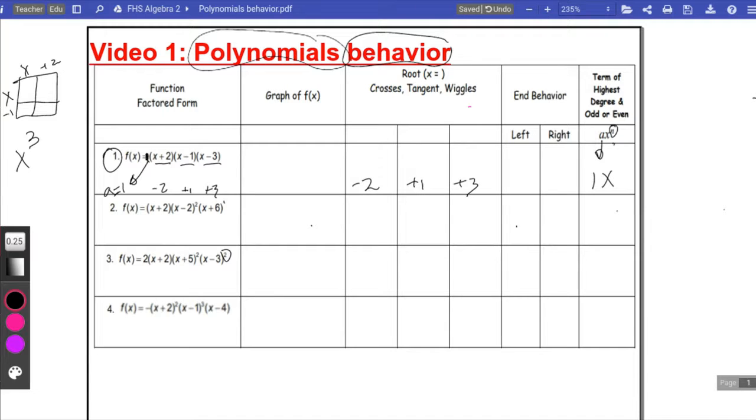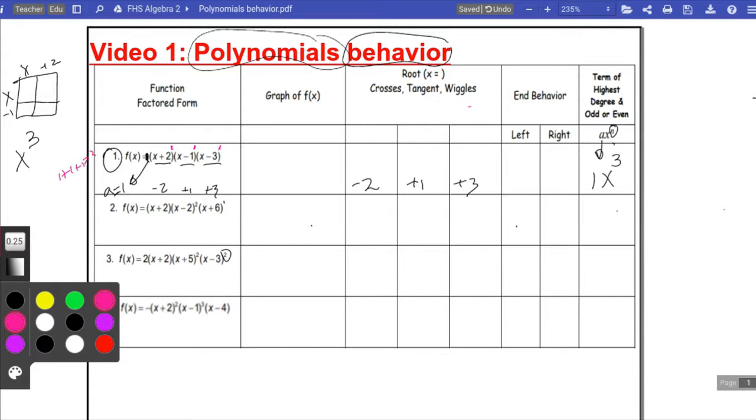If you multiply all 3, your exponent will be 3. But how did I get that? You can also just look at it this way. The exponent for the first factor is 1, the second factor is 1, the third factor is 1. So if you add 1 plus 1 plus 1, you get 3. So that's the 3 right here.